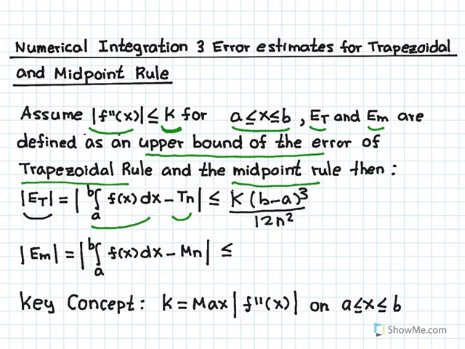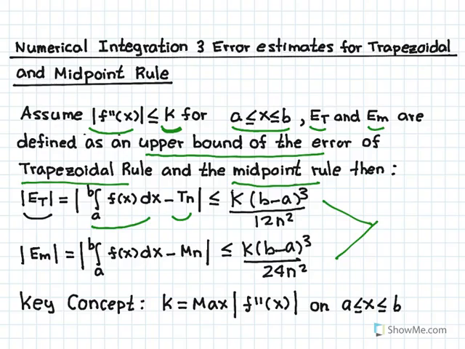And for the midpoint rule, the upper bound of the error estimate is k times (b minus a) cubed divided by 24n squared.